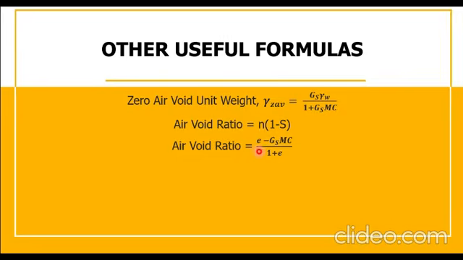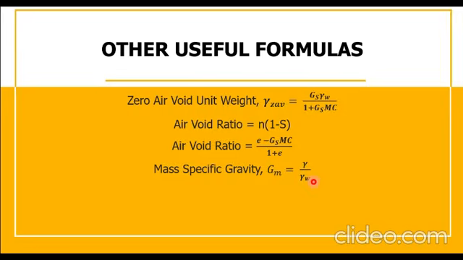Air void ratio is also equal to E minus specific gravity of soil multiplied by moisture content over 1 plus E. And then we can also have the mass specific gravity or specific gravity of mass. It's equal to the moist unit weight of soil all over unit weight of water, or if it's density of soil over the density of water.